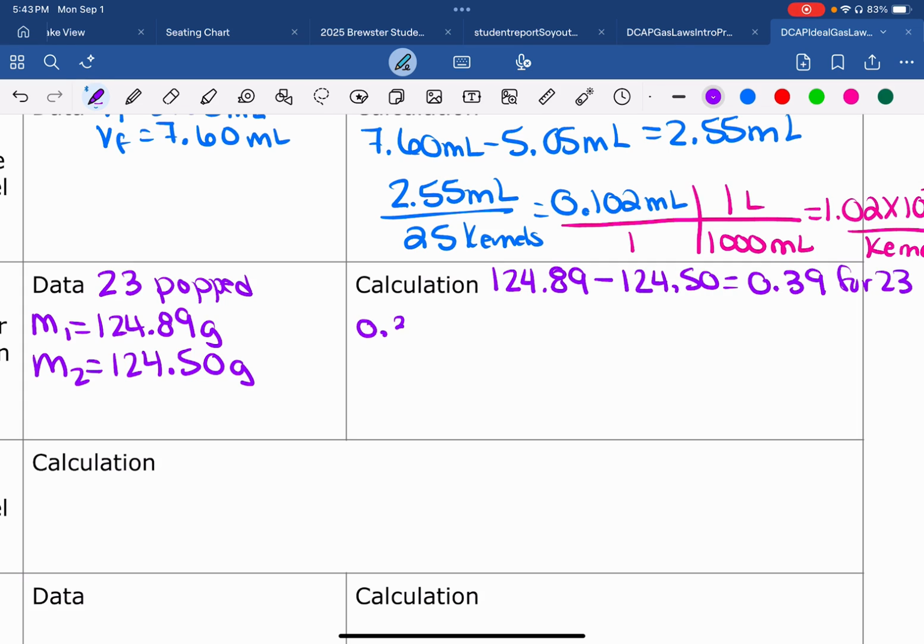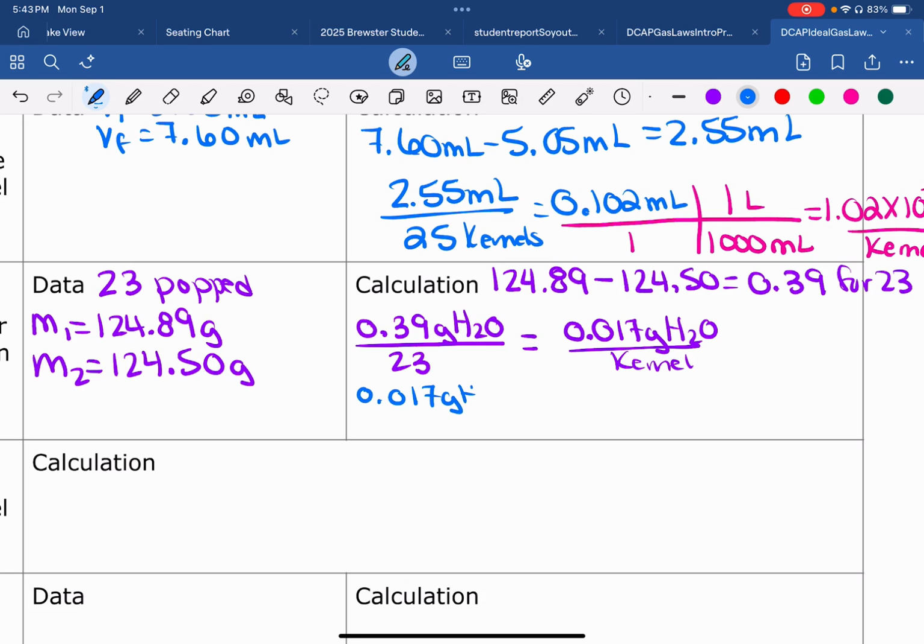So 0.39 grams H2O divided by 23 gives me 0.017 grams H2O per kernel. I'm going to go down here to get myself some room.